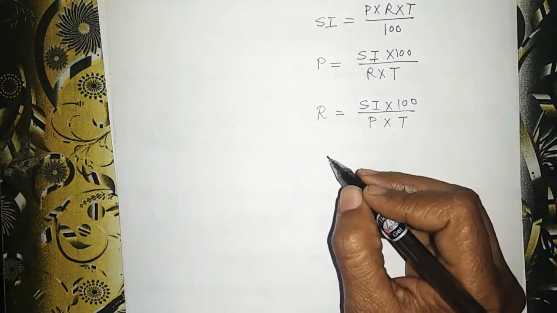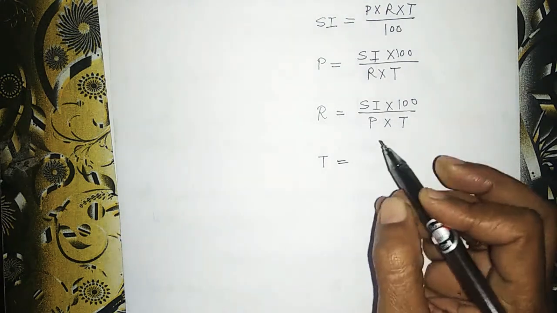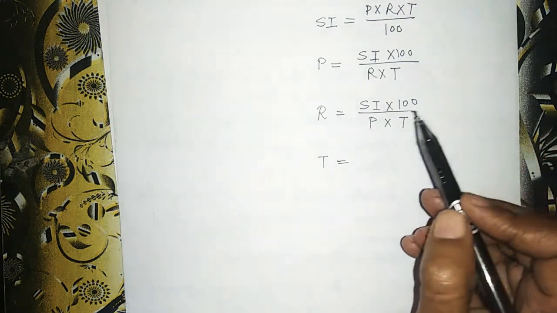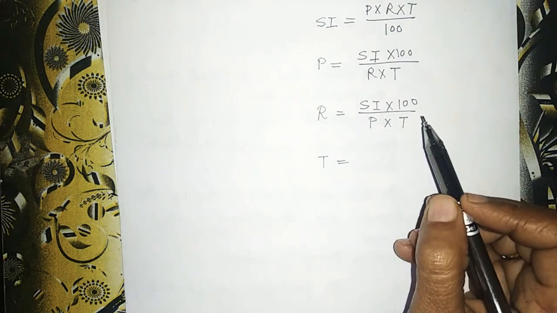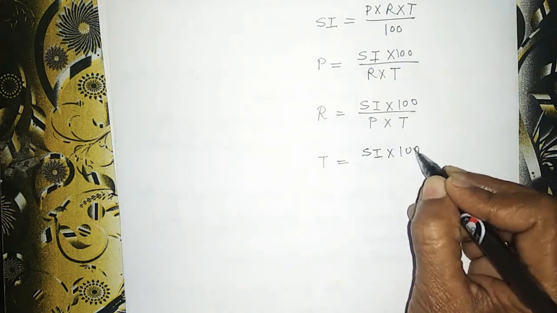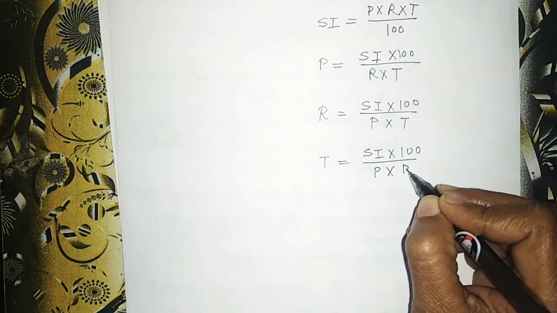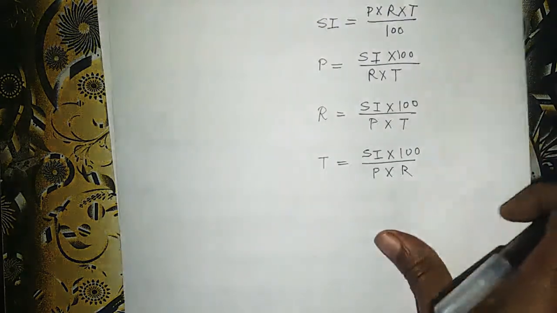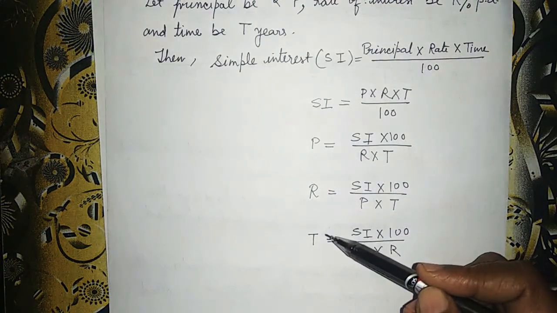And after this, if you want to calculate T in any question, okay, and rate, simple interest and principal, then you know what your formula will be. Your formula will be SI into 100 upon P into R. Okay. So like this we can calculate simple interest, principal, rate and time.